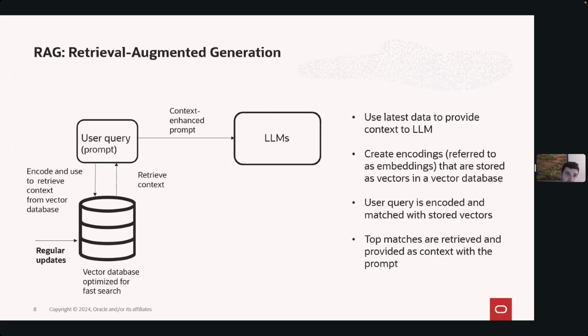If we look at the traditional RAG architecture, we have a database. Usually there's a vector-based retrieval step, which can be implemented in the Oracle database with the new vector indexing functionalities. The documents that we want to use as a fact database are encoded with some vector embedding model.